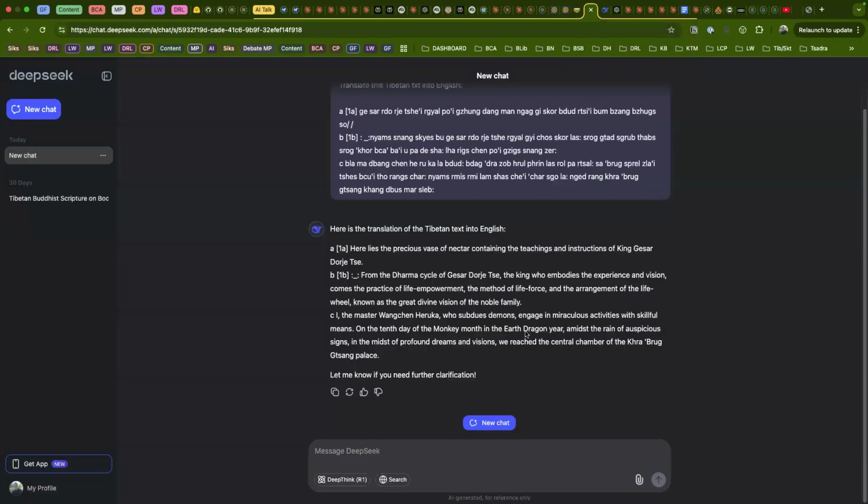We're in the realm of general massive LLMs that may have been trained on Tibetan Buddhist materials and may integrate this data in the gigantic pool of data that was used to train them.